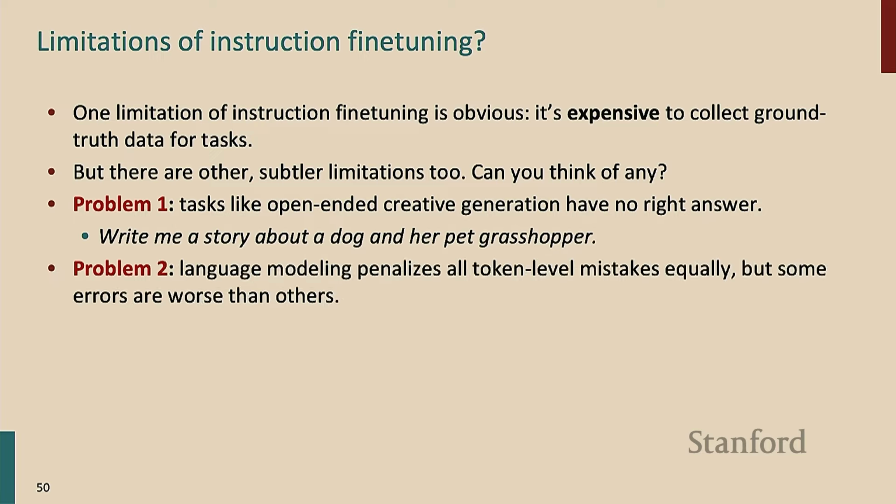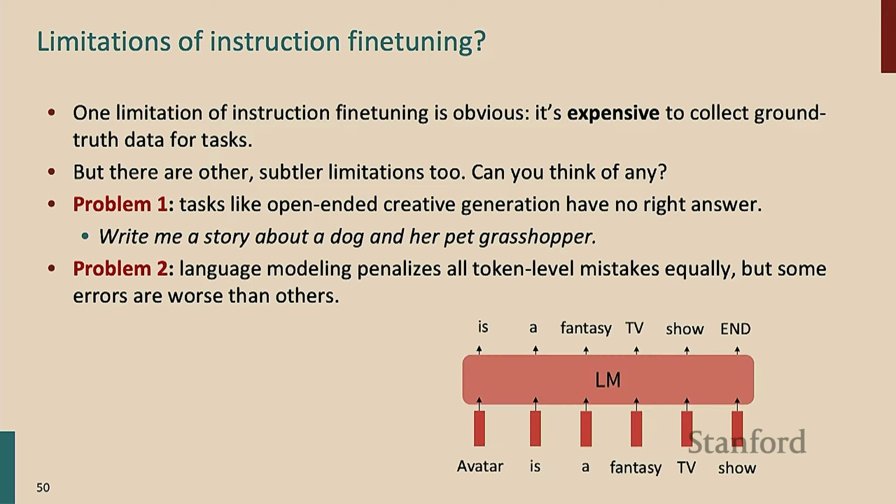Another problem, which is related fundamentally to language modeling in the first place, is that language modeling as an objective penalizes all token-level mistakes equally. What I mean by that is, if you were asking a language model to predict the sentence "Avatar is a fantasy TV show," and let's imagine that the LM mispredicted "adventure" instead of "fantasy," right? So adventure is a mistake. It's not the right word, but it is equally as bad as if the model were to predict something like "musical."